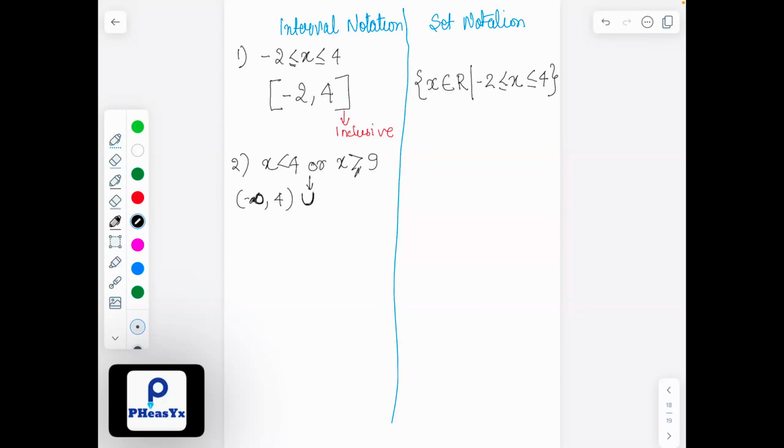And when we are saying x is greater than or equal to 9, that means it is inclusive. But the second limit is not defined. That's why infinity. We always use parentheses next to infinity. In set notation, we will say x belongs to all real numbers such that x is less than 4 and x is greater than or equal to 9.